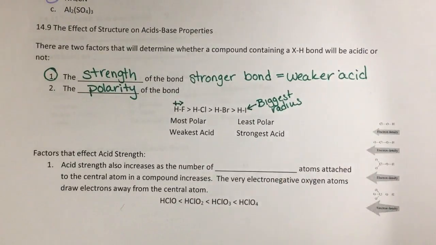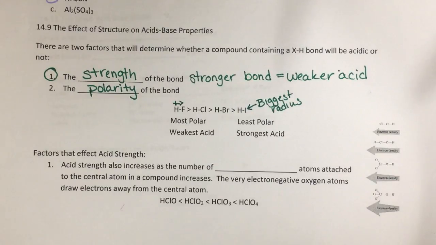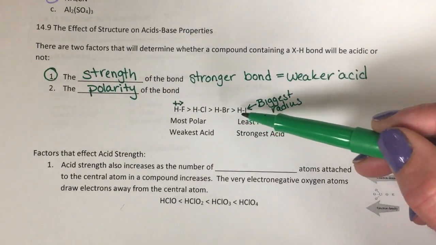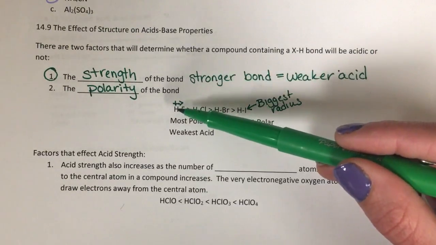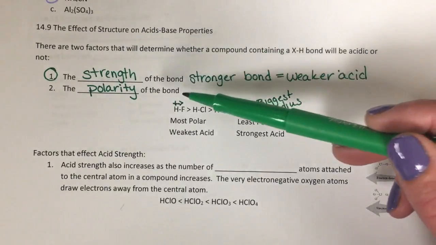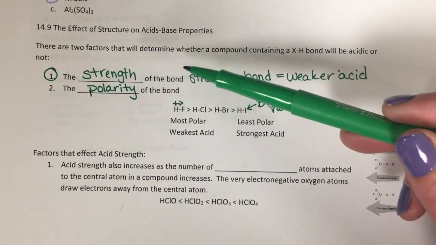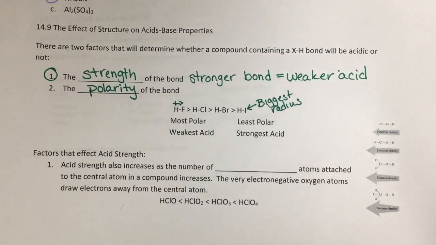Now, because it has the biggest radius, that hydrogen ion is really far away from the iodine nucleus, not a big pole, and so this can break off a lot easier. Fluorine is going to be the smallest radius, so it's going to hold on to that hydrogen atom a lot tighter. So polarity affects strength, but bond strength plays a bigger role. Okay?